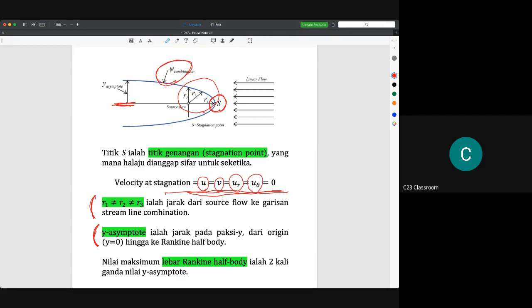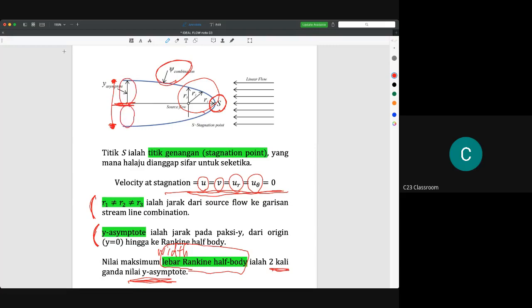Okay, and then if the question asks you to calculate what is the width of the Rankine half body, you could calculate the width of the Rankine half body as 2 times the value of y asymptote. As you could imagine here, the width here is actually from here to here, so it is y asymptote times 2.